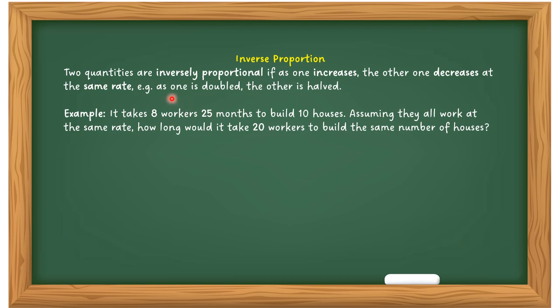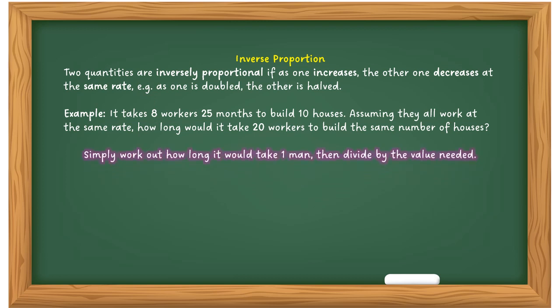But as I say, the biggest mistake people make is they divide it instead of multiplying it. So simply work out how long it would take for one man to do it, then divide by the value needed. Because like the rest of ratio, the key to ratio is understanding how to work out the value of one part, and then you can calculate anything.